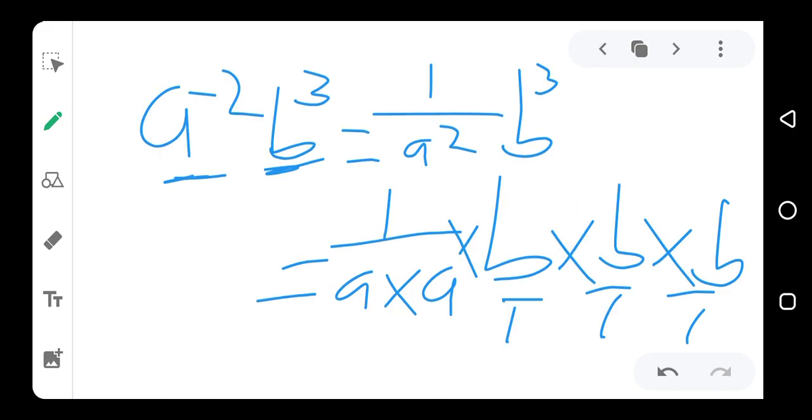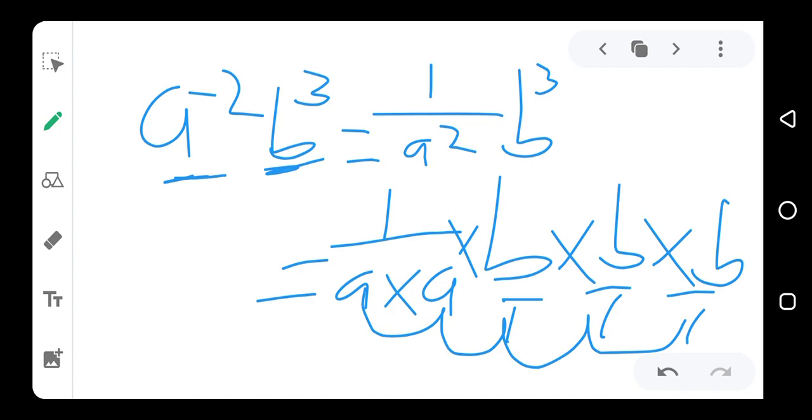We can also leave it this way, but to solve it and show that you know what you are doing very well, you can times everything that is on top and put them on top, and times everything that is down and put them down. Like this one, you times this a and this a, and times by 1 and times by 1. Anything you times by 1 will still give you the same thing.